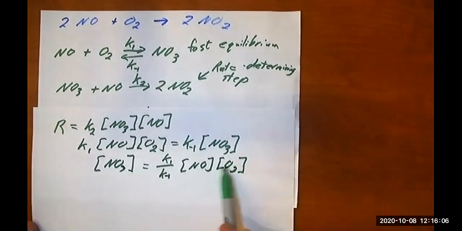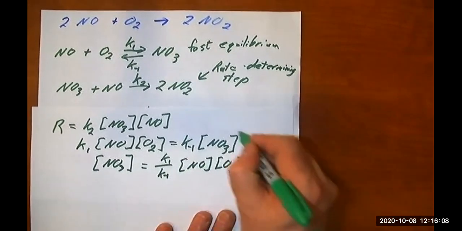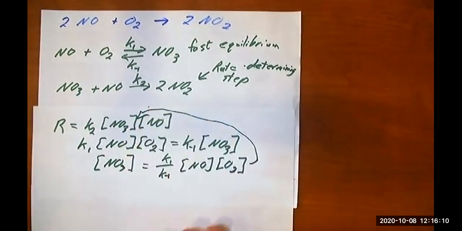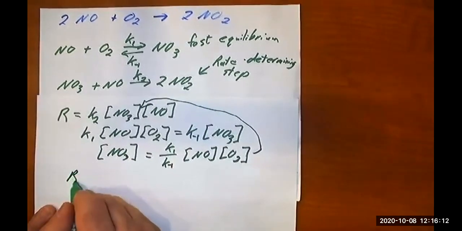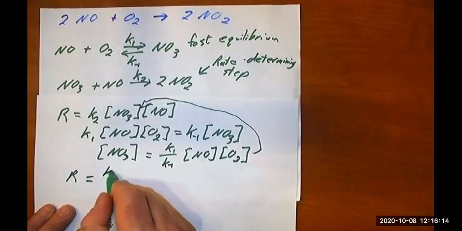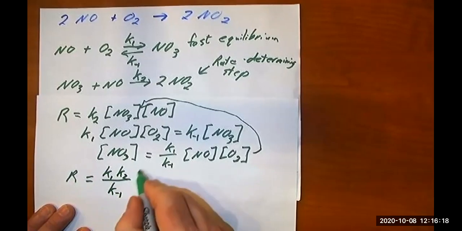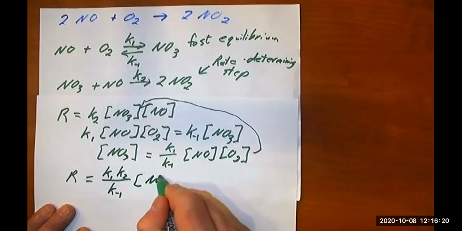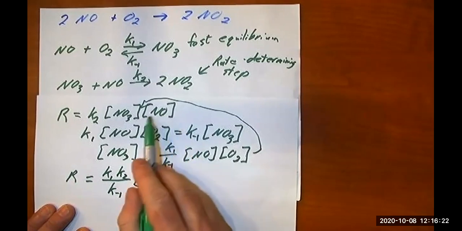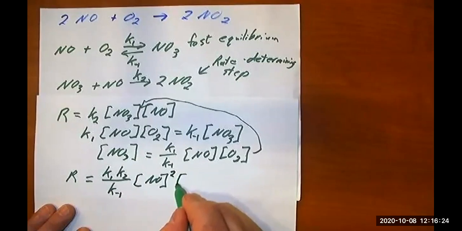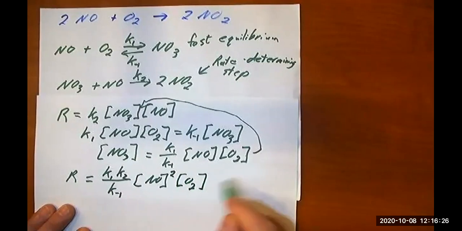And now we can plug this in here. So we find our overall rate is going to be k1 k2 over k minus 1, concentration NO, one from here, so squared, concentration of O2.